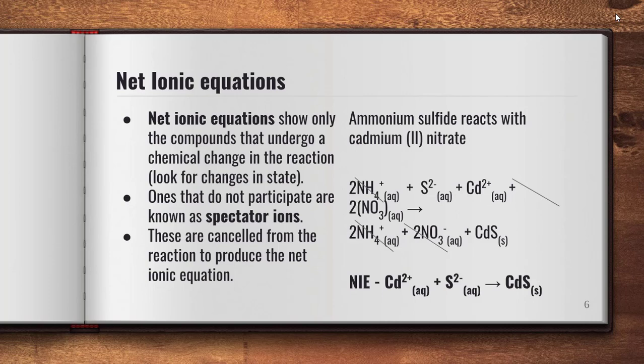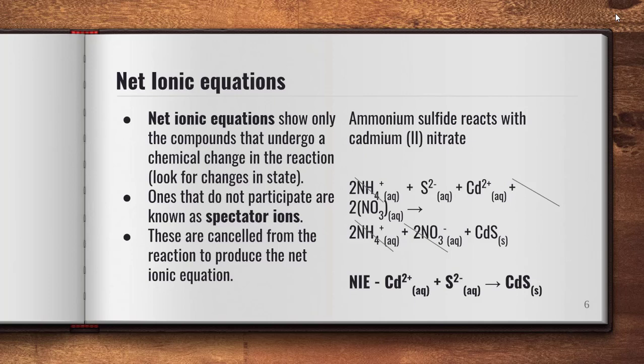So as you see, 2NH4 plus aqueous is on the left side of the arrow, and it's the same on the right side of the arrow. So those cancel. Same with your nitrate ions on both sides, but remember your sulfide and your cadmium change states of matter. So those are the ones that participate in the chemical reaction. So as a result, your net ionic equation is bolded down below where we have Cd plus 2, which is aqueous.